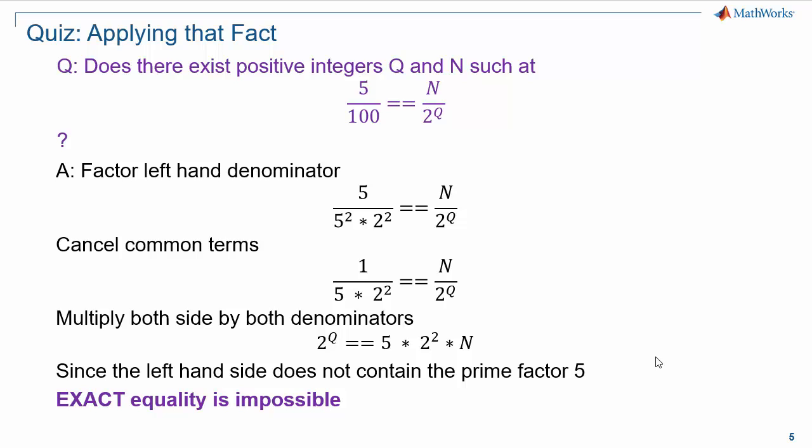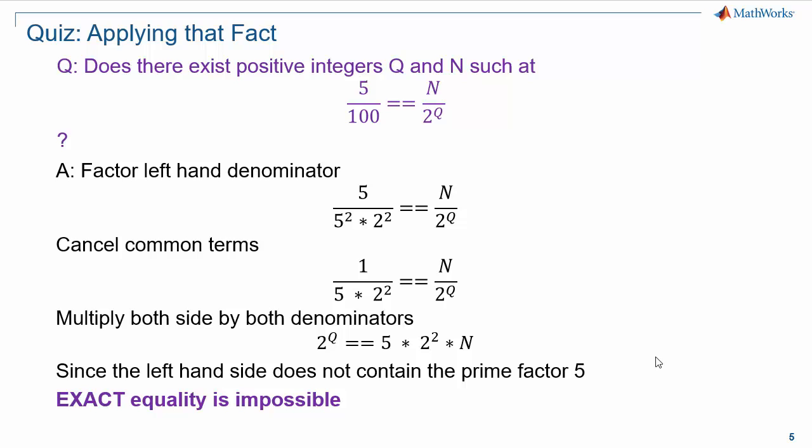Next, we can turn this rational equation into an integer equation just by multiplying both sides by both denominators. And now we look at this integer equation. The integer on the left, its factors are multiple powers of 2. But on the right-hand side, we see a 5. It doesn't matter what the rest of it is.